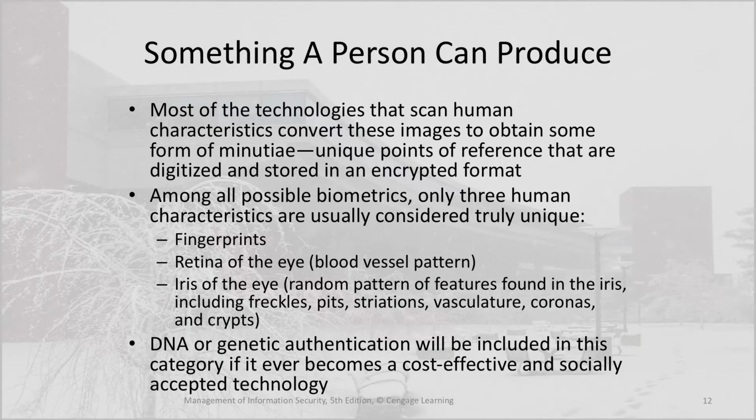Most of the technologies that scan human characteristics convert these images to obtain some form of minutiae, unique points of reference that are digitized and stored in an encrypted format.